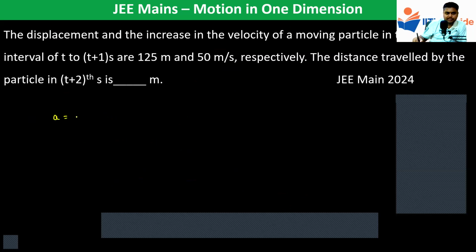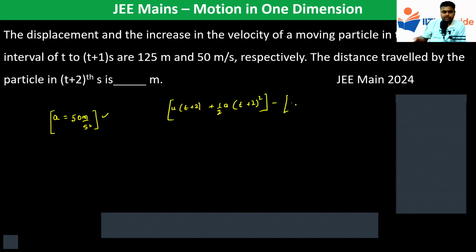So here we can clearly see that acceleration is equal to 50 meter per second square. The distance traveled by the particle in the t plus 2th second is u into t plus 2 plus half a into t plus 2 whole square, minus u into t plus 1 plus half a into t plus 1 whole square.